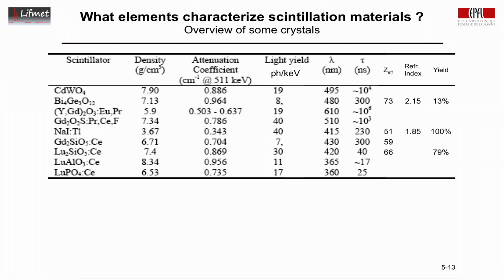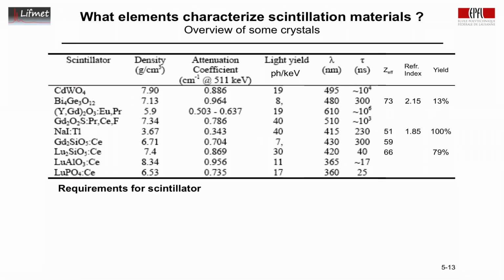This is important because if we have a lot of photons being detected, we want a fairly fast crystal so we can measure fairly fast. If the crystal has not been reset back to its ground state, it cannot measure the next event, and so we lose that event from the measurement. Here are some ideas of the effective Z of the materials, the refraction index, and the yield that we have.